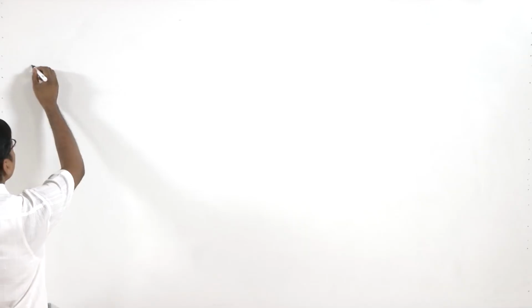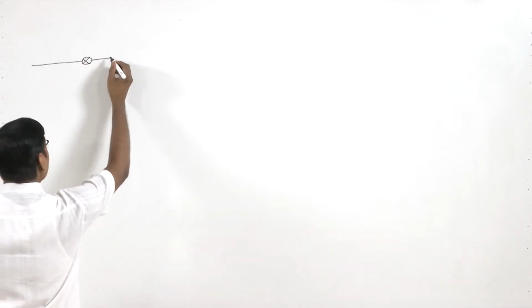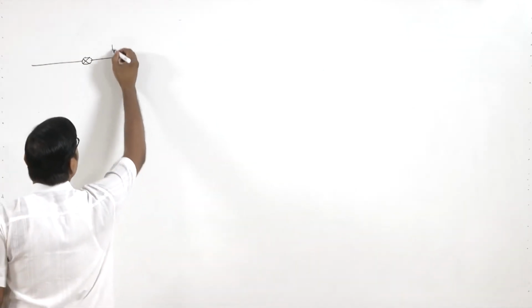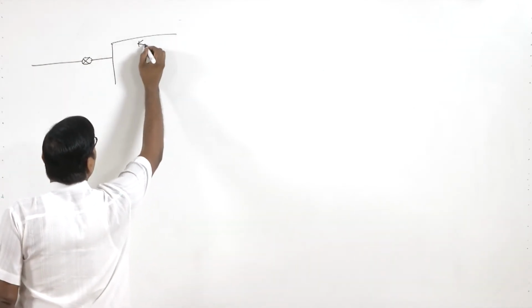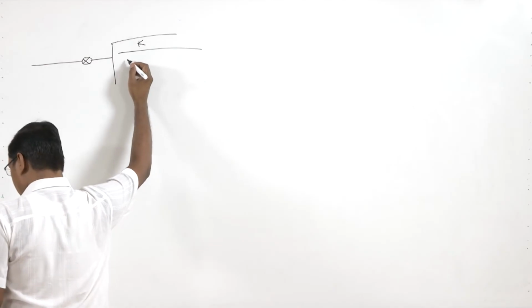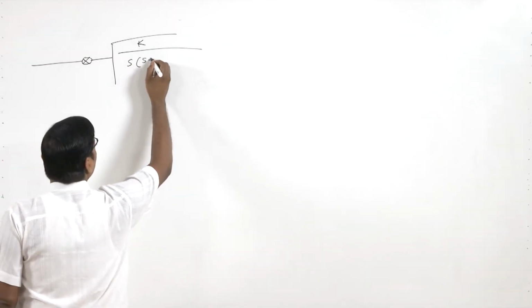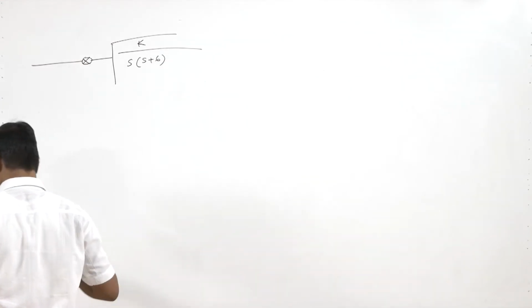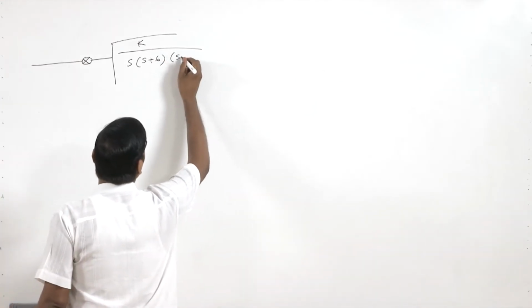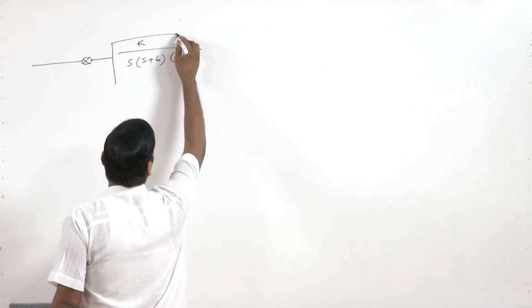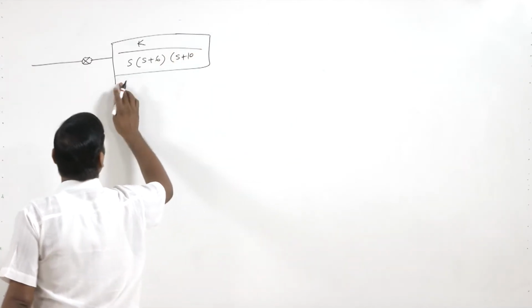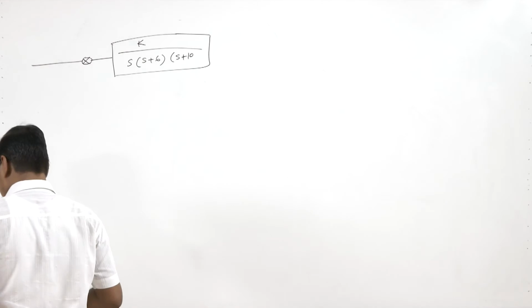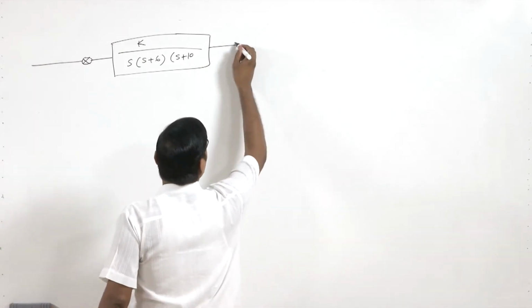We have this system, with G(s), K, G(s), and this is C(s).